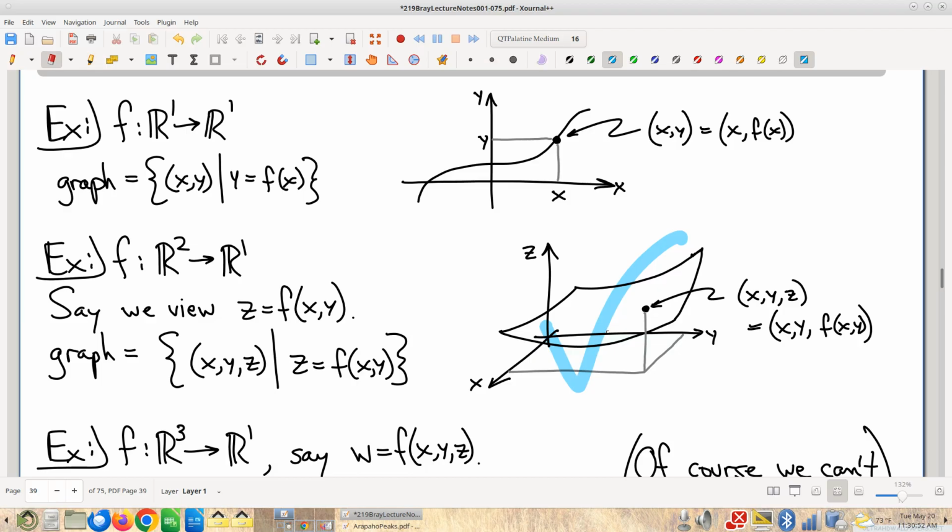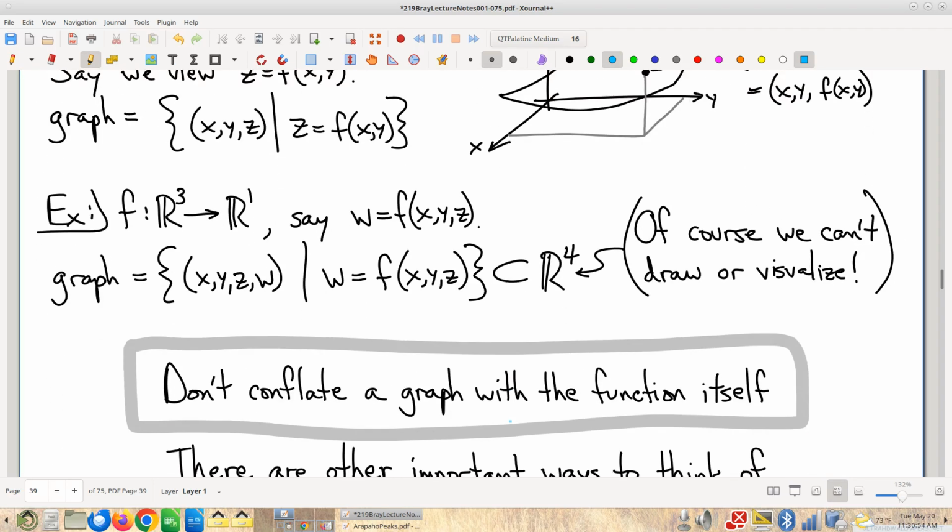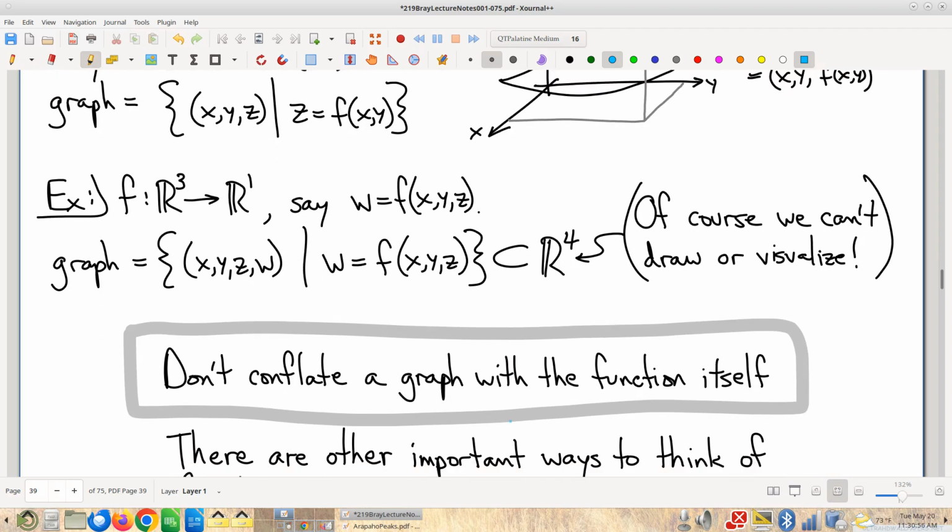Let's just think about the very next example. Right? What if we're looking at a function with 3 input variables? Well, if you have 3 input variables and 1 output variable, you already have an equation involving 4 variables, and we lose.